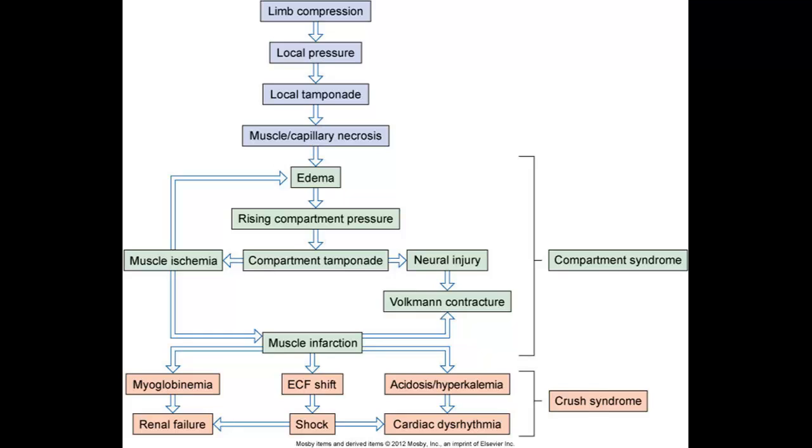Acidosis with hyperkalemia, because potassium is going to be lost from the muscle tissue. Cardiac dysrhythmias as a result of having acidosis and a high potassium level. At the top part in the green there, we call that compartment syndrome. When we get to the point where we have muscle infarction, now we're going to call that a crush syndrome.